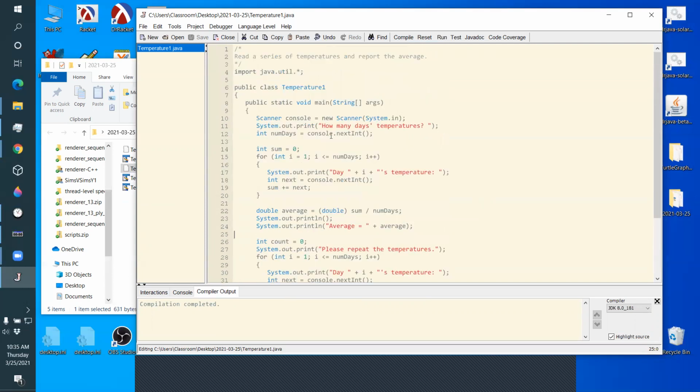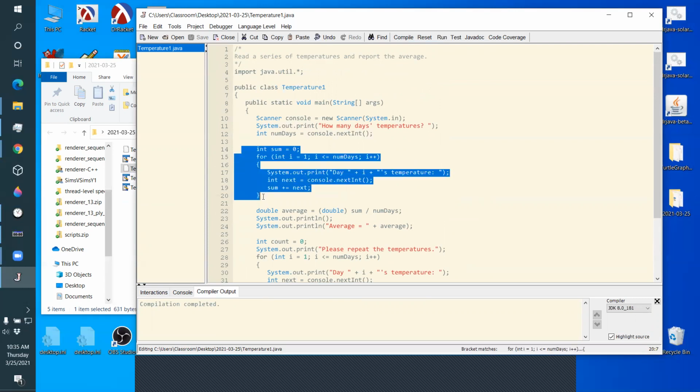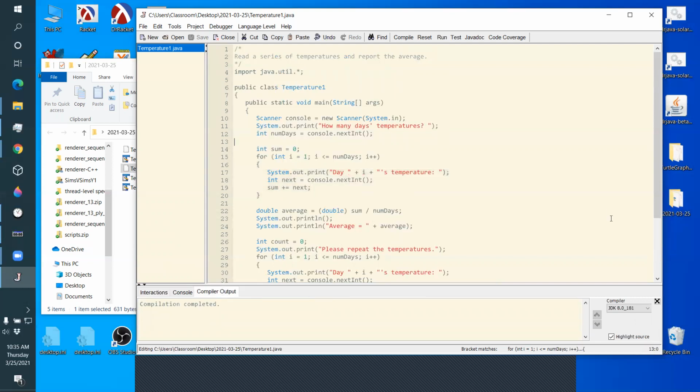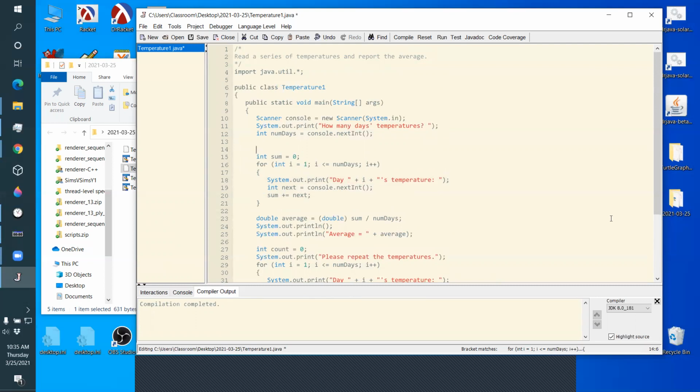Arrays solve a really tricky problem. I don't know ahead of time how much data they're going to give me, but I want to remember the data. If I know I'm going to get 5 pieces of data, I can just create variables: int x1, x2, x3, x4, x5.